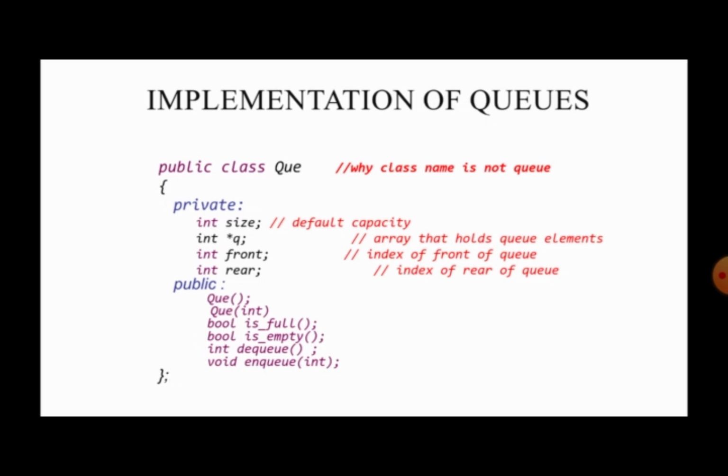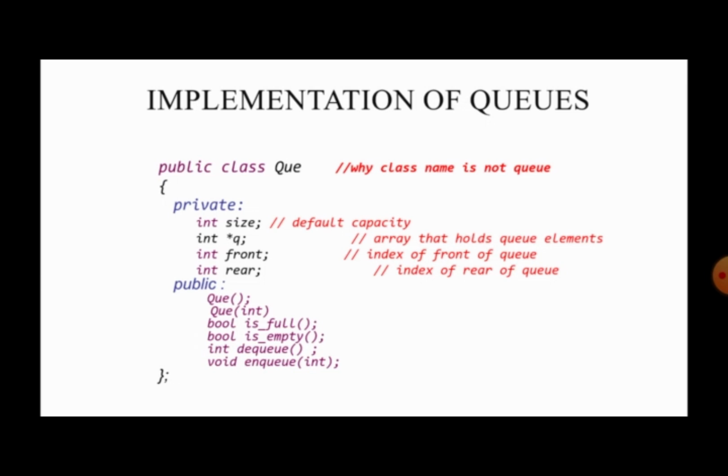The other supporting methods are isFull and isEmpty. Both methods return a Boolean value. The isFull method returns true if the queue is full, else it returns false. The isEmpty method returns true if the queue is empty, and returns false if the queue is not empty.